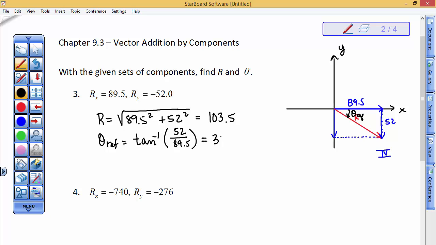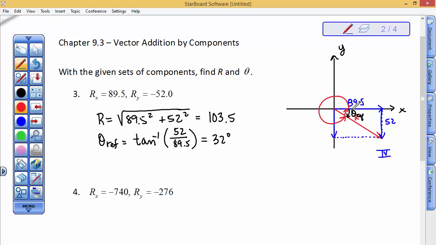Finally, do recall that when we represented the trig functions in Chapter 8 in the four quadrants, if I wanted to name the size of this angle from the positive x-axis in a counterclockwise direction, I would go all the way to 360 and subtract this reference angle.